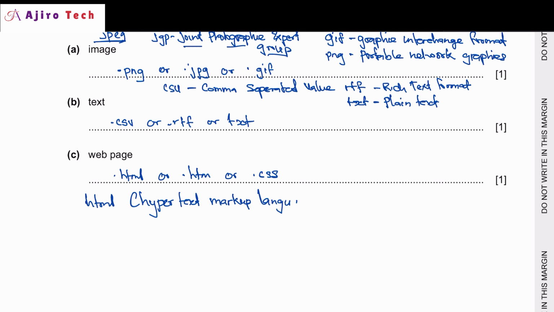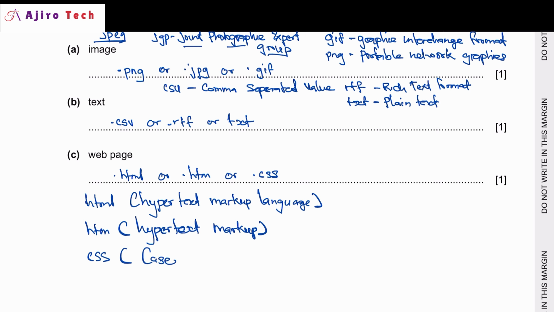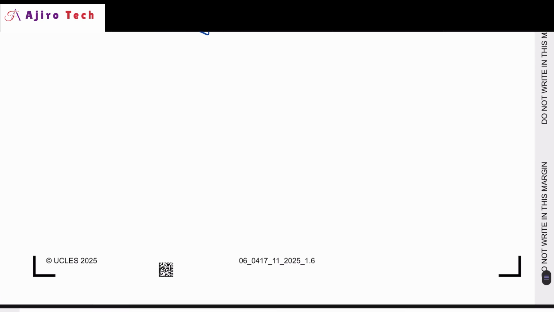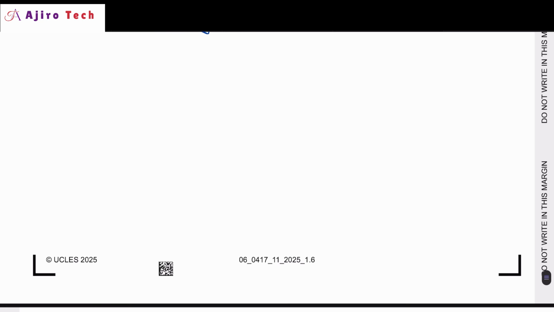You have HTML, you have what? Hypertext markup language. Then you have CSS, cascading style sheets. Okay, cascading style sheet.